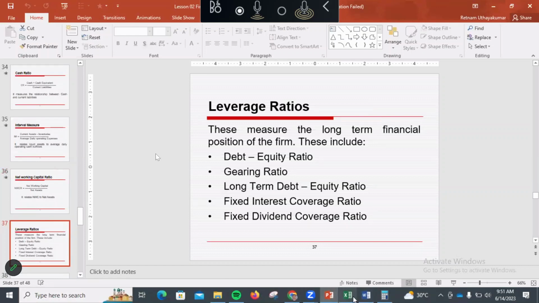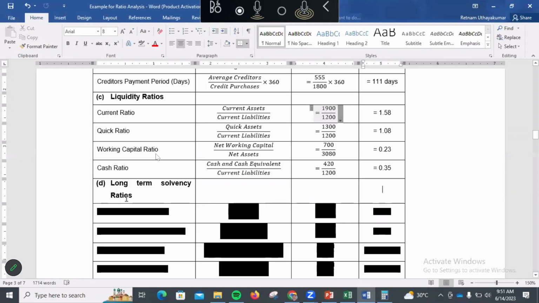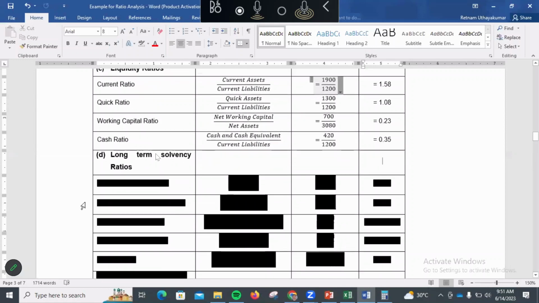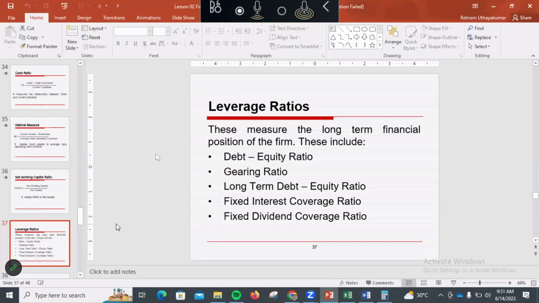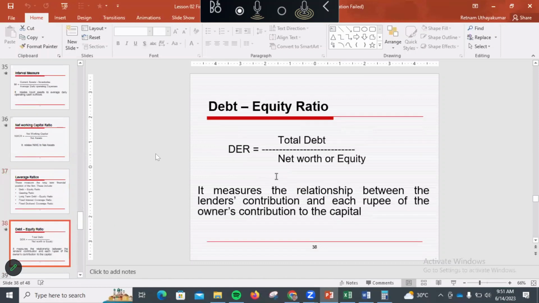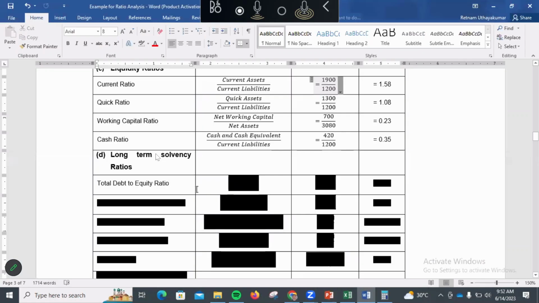Then you can go with the long-term solvency ratio or leverage. So total debt to equity. Simply debt to equity. It's total debt over equity. Total debt over equity is the definition.